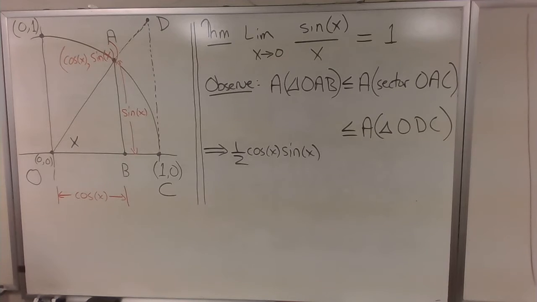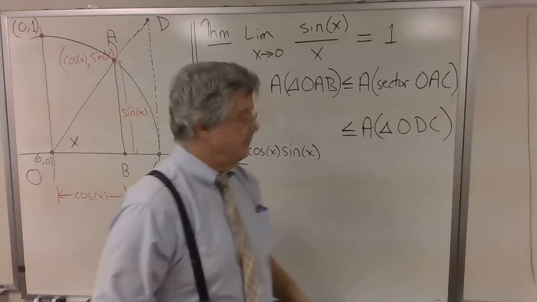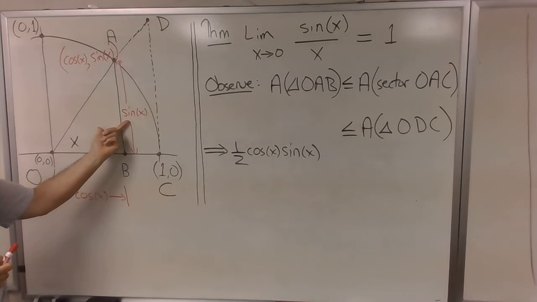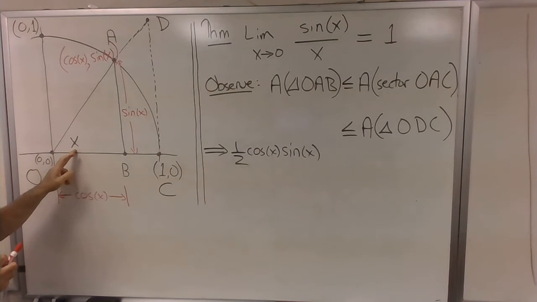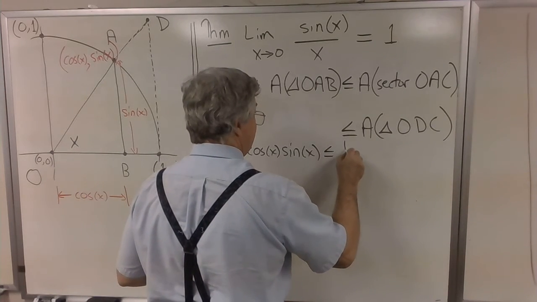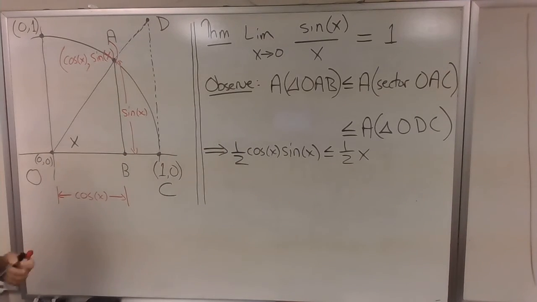Now, what about the area of sector OAC? Well, based on that result that we had just a couple of minutes ago, in a unit circle, the area of a sector numerically is equal to 1/2 the measure of the angle corresponding to that, 1/2 x. Oh, wow, this is great.